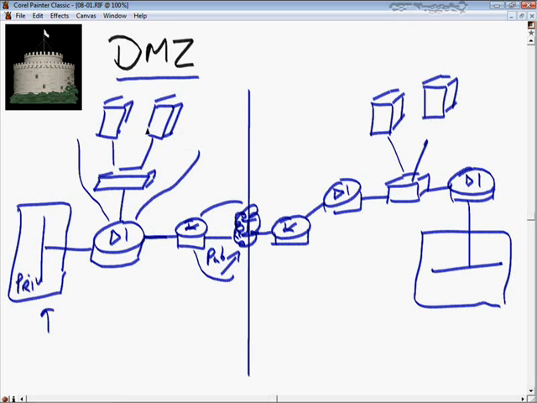Now, realize that this DMZ isn't necessarily one single subnetwork or one single network, and I'll get into that a little bit more. And the newest feature, by the way, that Cisco has put out there, and I know this isn't a Cisco course, but Cisco is such a leader in this area, you really should know about this. This phrase won't be on your Security Plus exam, but they use what is called Zone-Based Policy Firewall, ZFW.